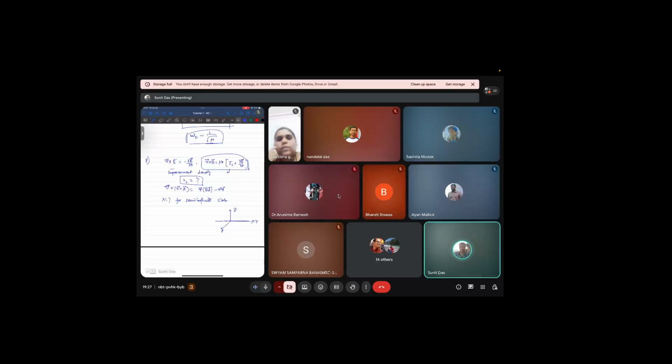This should not have been del V del T. This is basically the displacement current density, so this is actually del E del T. Okay, so this is not del V del T actually. This should be del E del T.